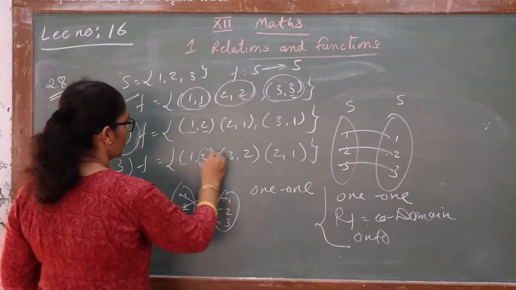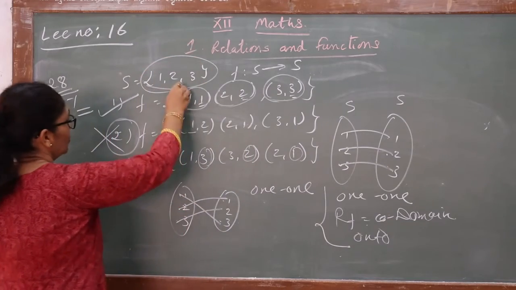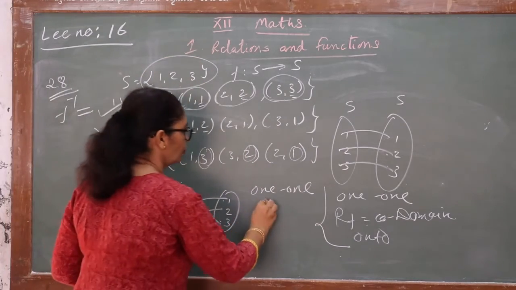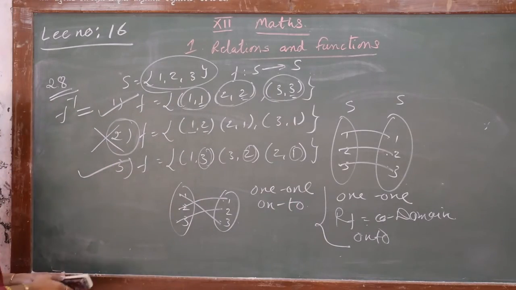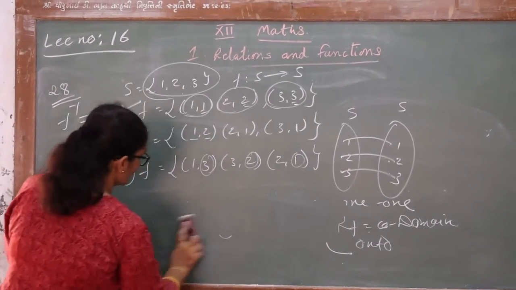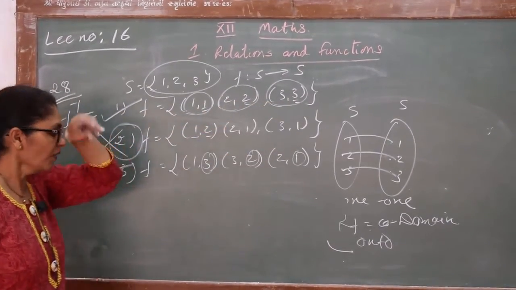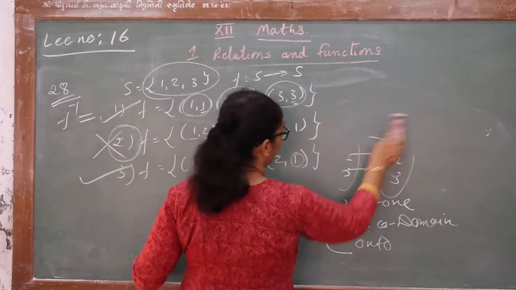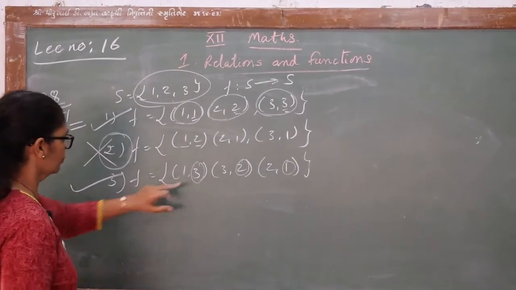Now check the range: 3, 2 and 1, and your codomain is also 1, 2, 3. So it is onto also. Okay, so for the third question also the inverse will exist. But in the first question the numbers were repeated, so we could say it is its own inverse, but here it is not so. So we have to write the inverse for the third one.